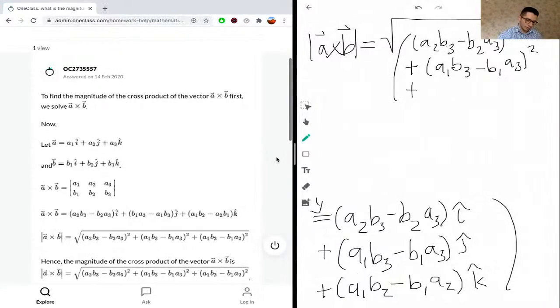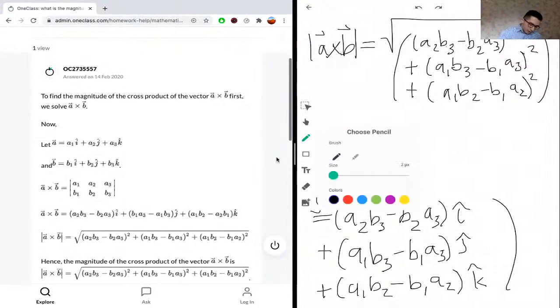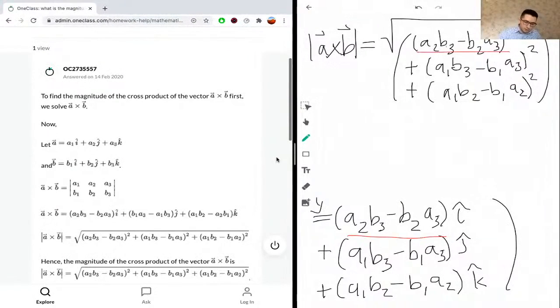And then we add on A1 B2 minus B1 A2 squared. So I essentially just took the x component and used it up here and squared it, and then the y component, and then the z component, each squared.